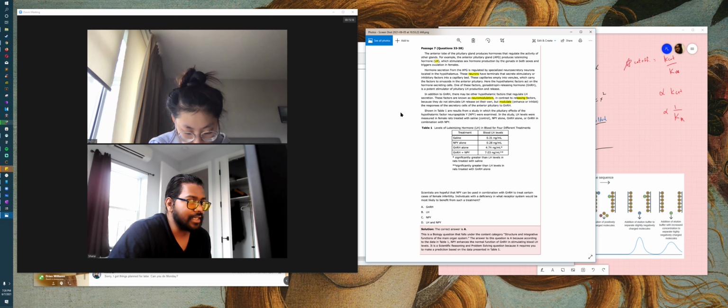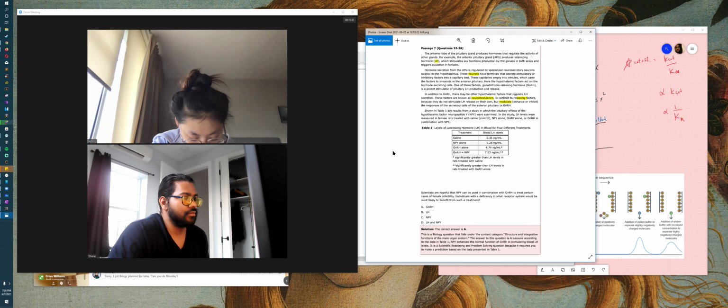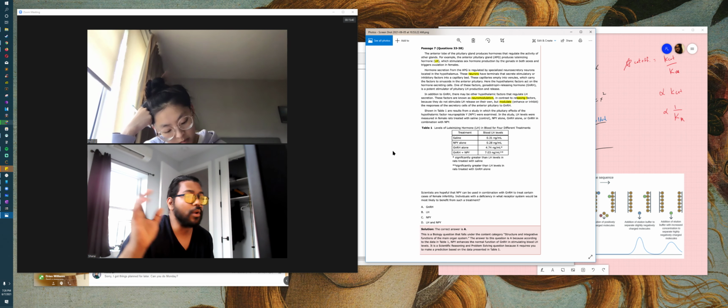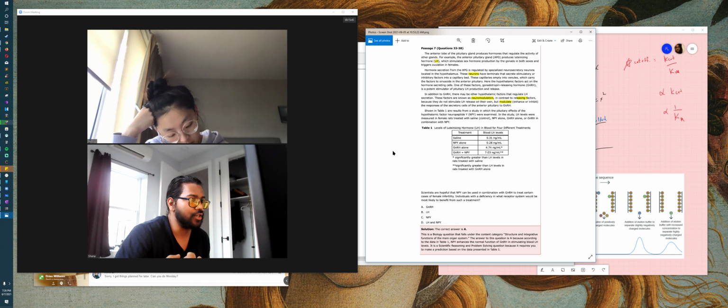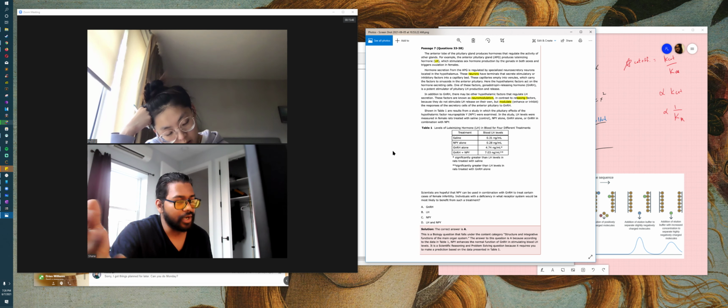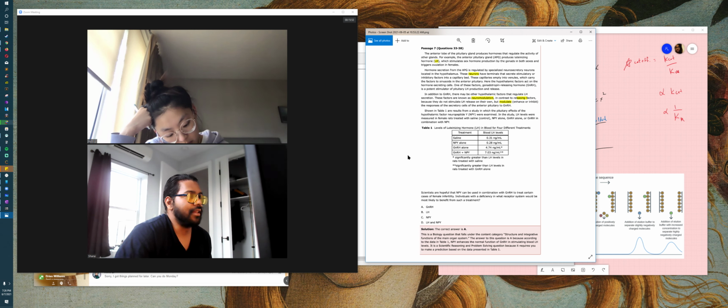I think it's almost the same thing where you look at table one. So basically NPY really enhances, or the addition of it with GnRH enhances how the GnRH works alone, which works down the line for production of LH and stuff like that.